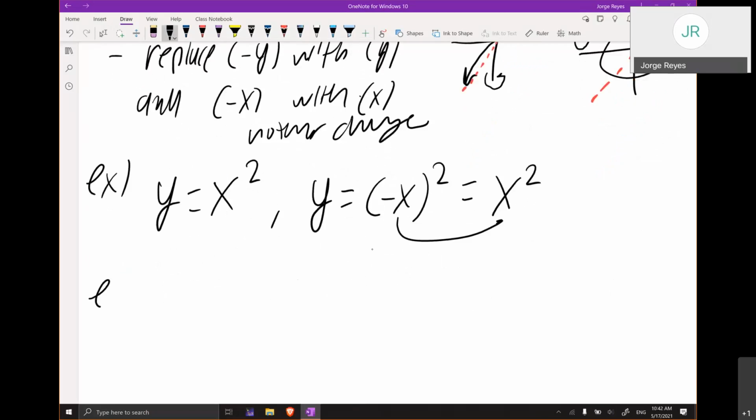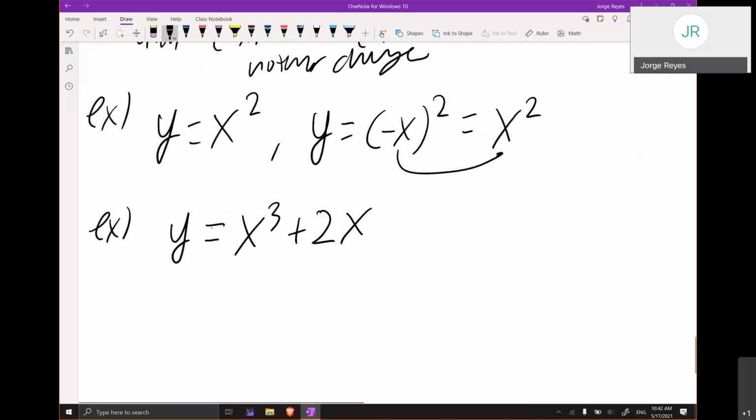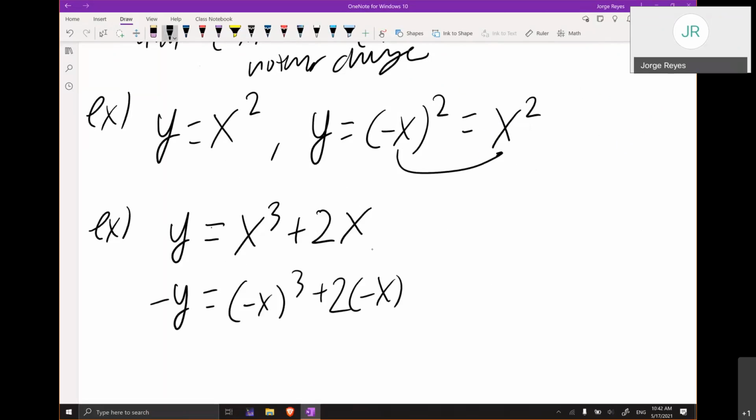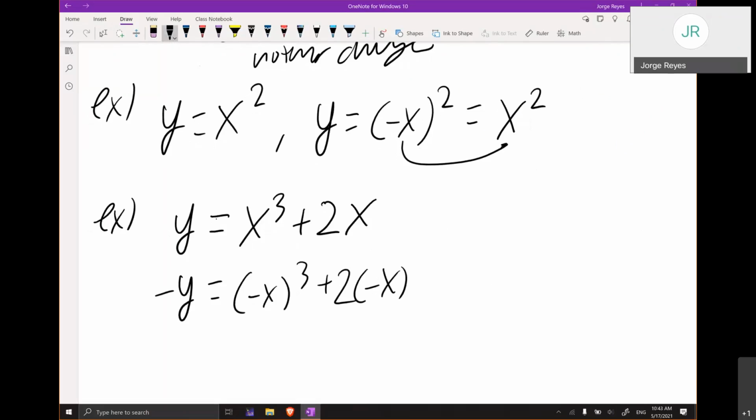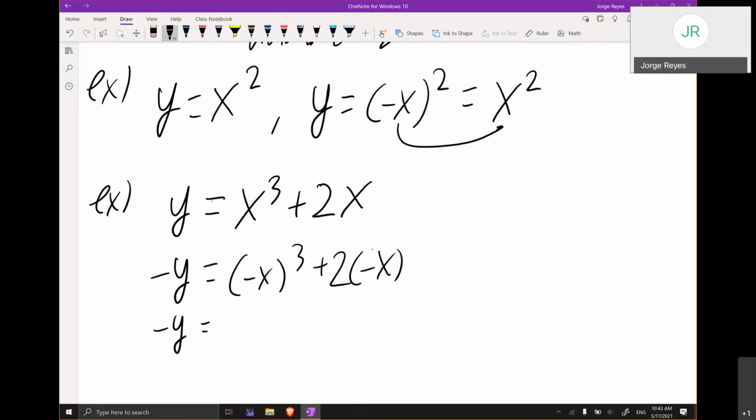Now, since the origin one is funny, let's do that one. y equals x cubed plus 2x. I'm going to replace y with negative y and x with negative x, and now I'm going to simplify. Because this is odd, I can pull out the minus sign and get this.